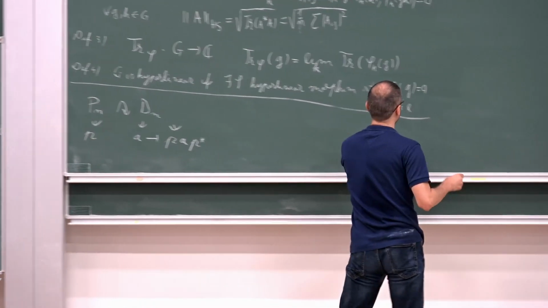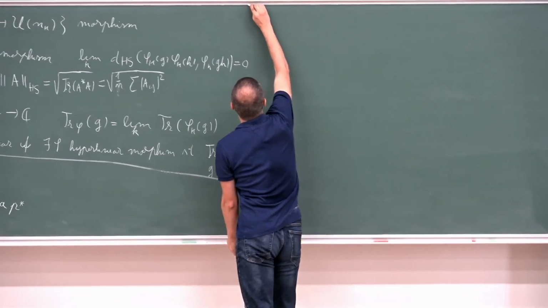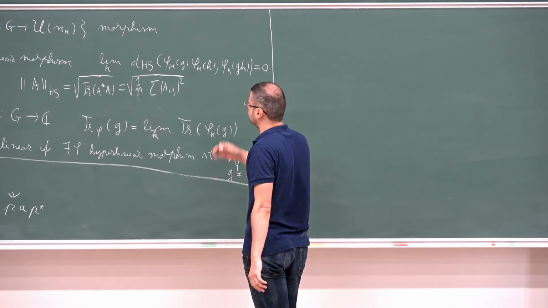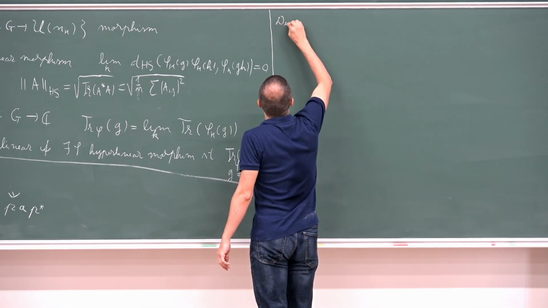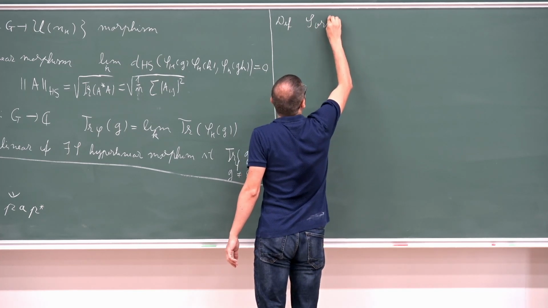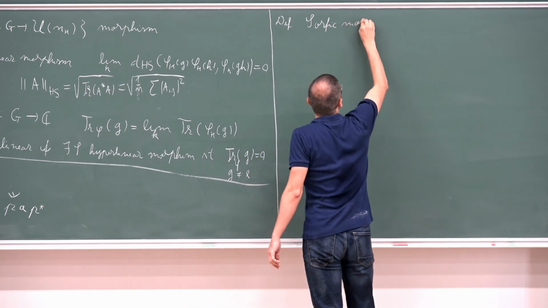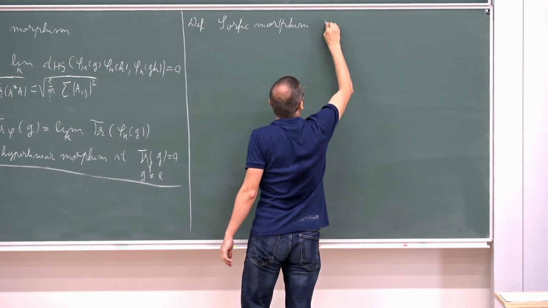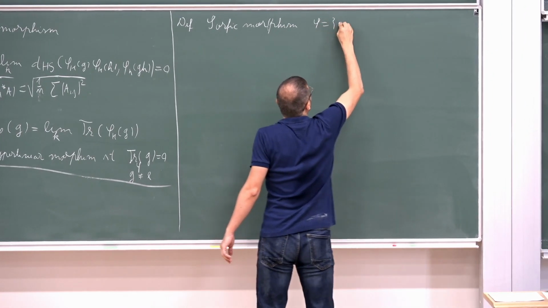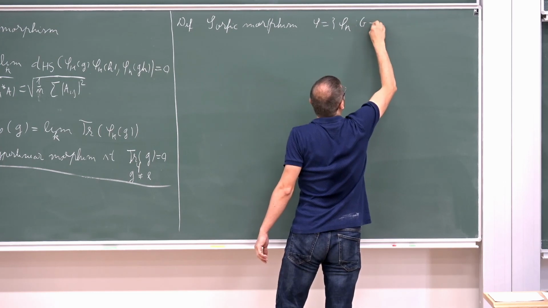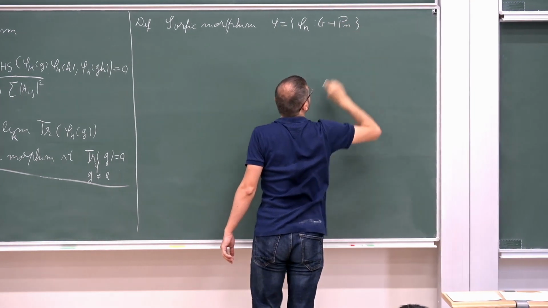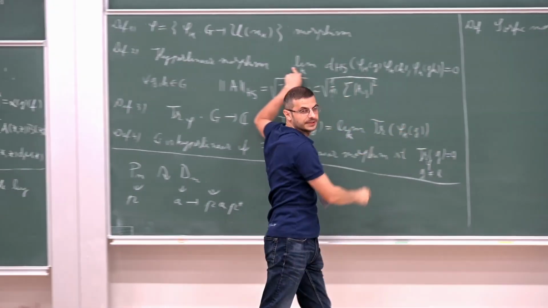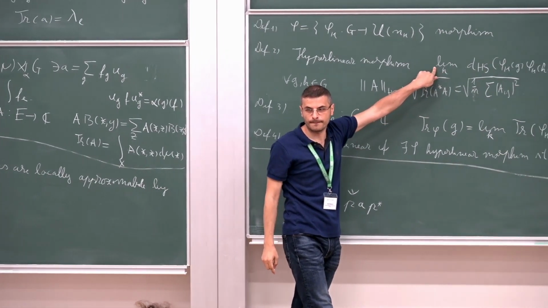Okay? So basically all those definitions I have to rewrite in the context of permutations. So by a sofic morphism I will mean a collection of maps from the group G to permutation matrices with the same requirement.